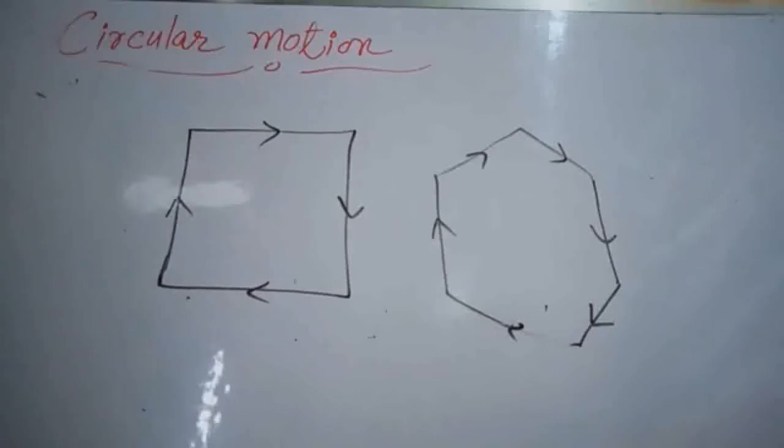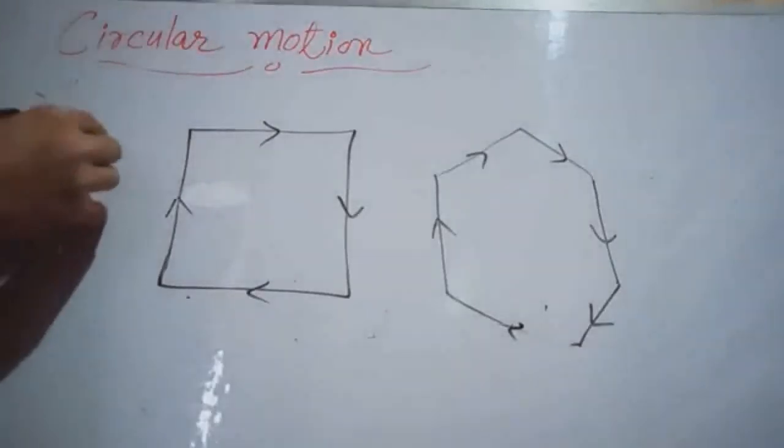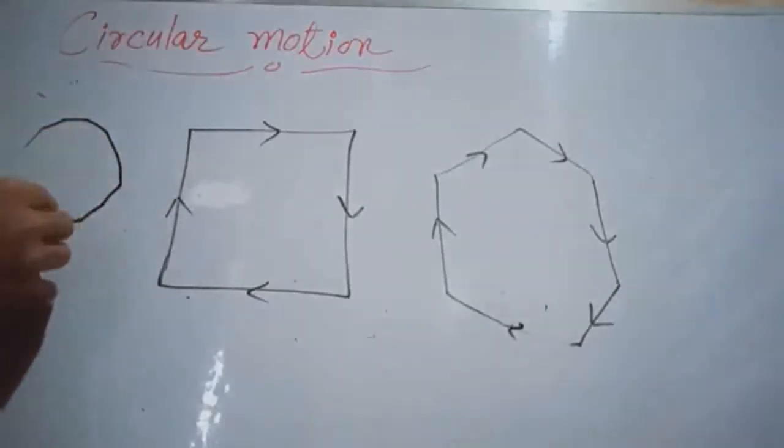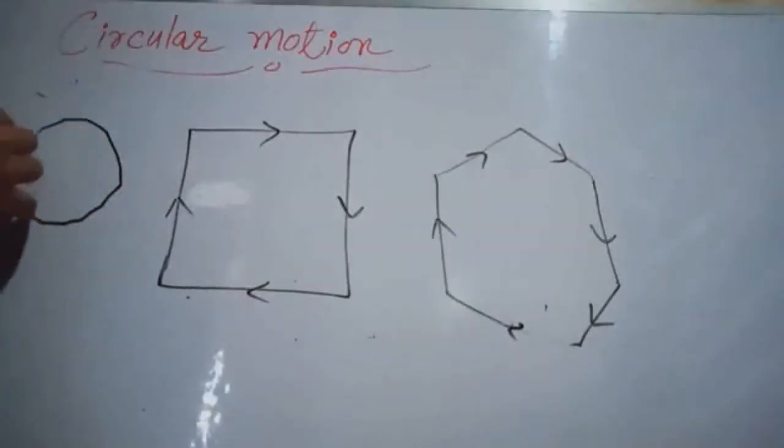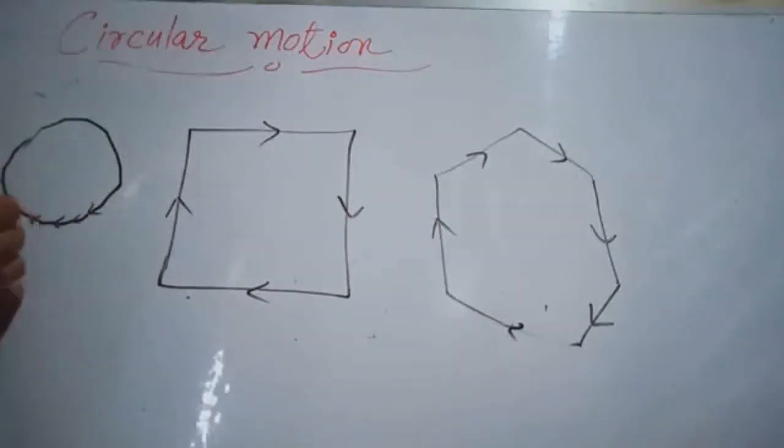And if we increase the sides, that means if the track was a polygon like this, the athlete will change his direction many times. For example, here, here, here, here also.